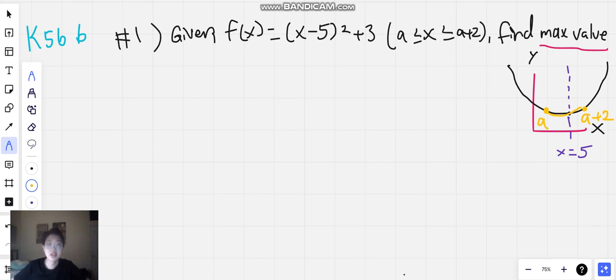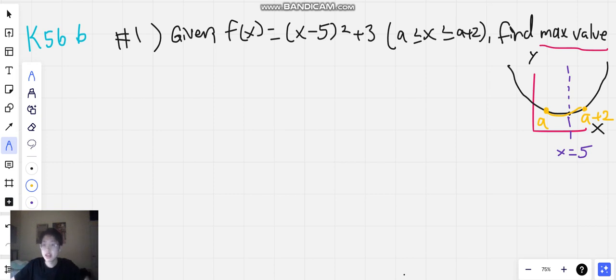In that case, we can no longer generalize the maximum value to be specifically at f of a. It can be at f of a plus 2 as well. So we need to find out what a value makes the left-hand side and the right-hand side of our boundary equal, so the y values from plugging in a and a plus 2 are exactly equal.